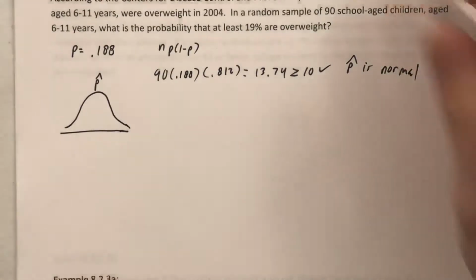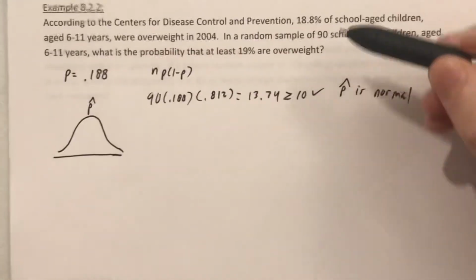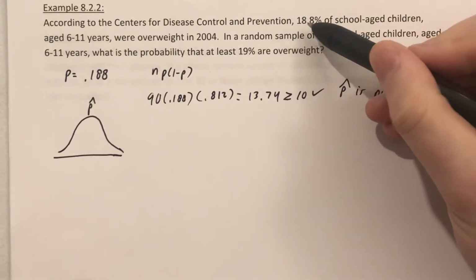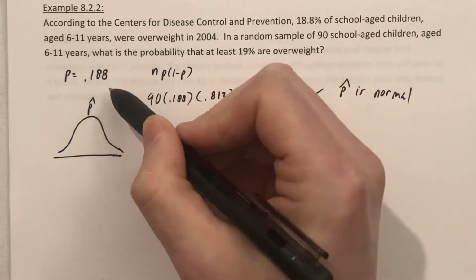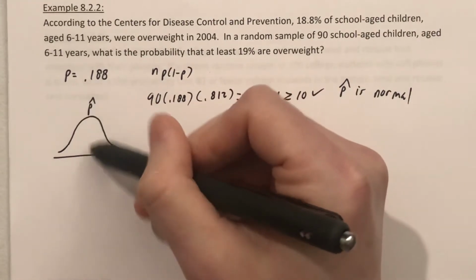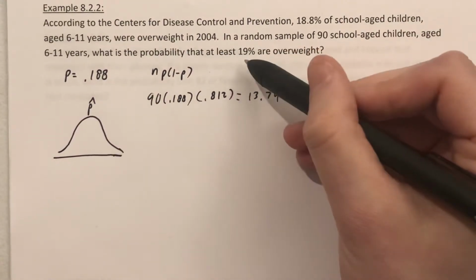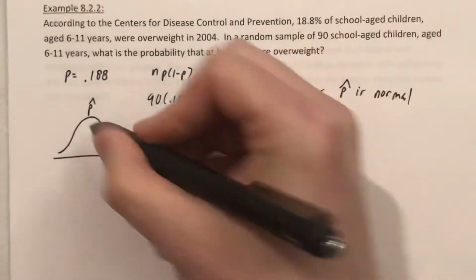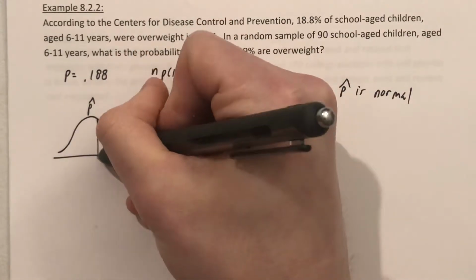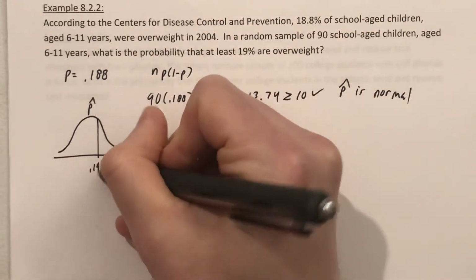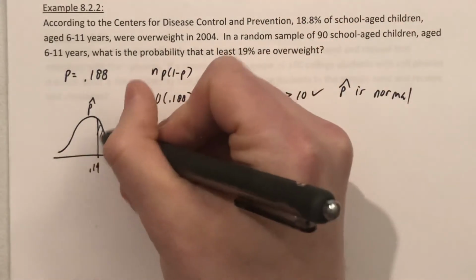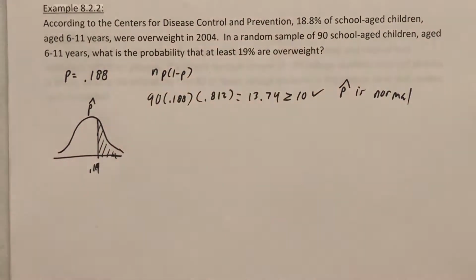Now, once we draw it, we want to remember that from the previous page, this 0.188 is the center. It is centered at 0.188. If our question is for at least 19%, 19% would be to the right of 0.188, and I'll put 0.19 there, and at least would mean that or more, so we're shading to the right.